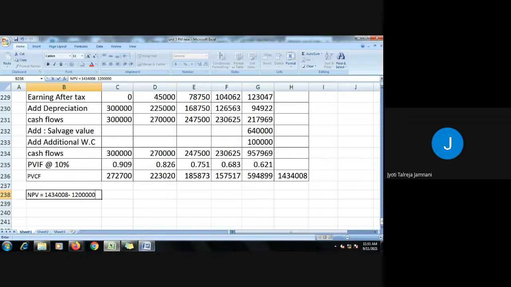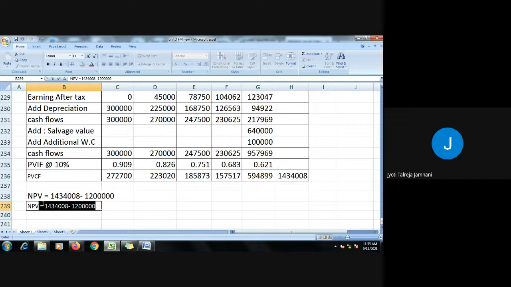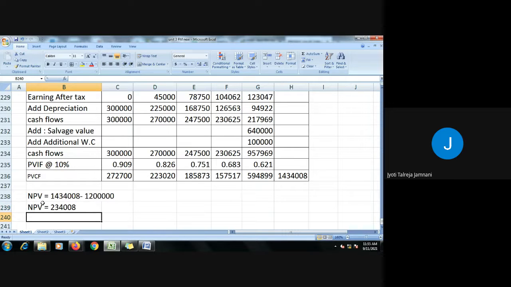Now you can multiply the cash flows with these for all the years. So you get the total present value of cash flows as 14 lakh 34. As this is a positive NPV, the company has to buy the new machine and replace the old one.